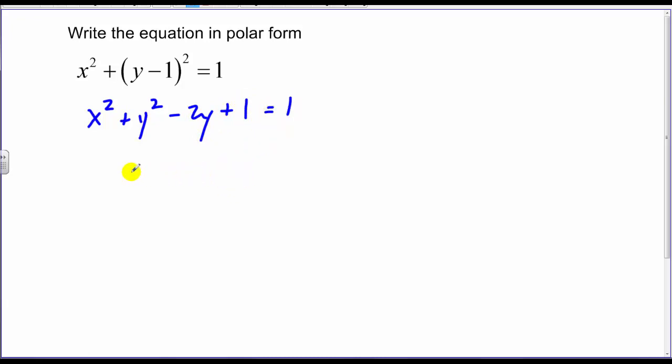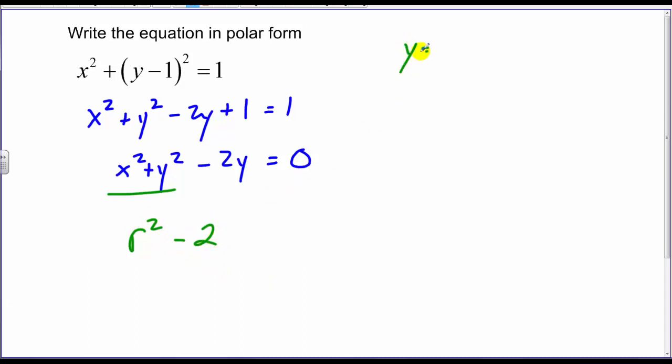I can simplify that a little bit and say I have x squared plus y squared minus 2y equals 0. Now I have a direct substitution I can make with x squared plus y squared. I know that's just equal to r squared minus 2 times y, and we know y equals r sine theta. So I'm going to make that substitution right now.